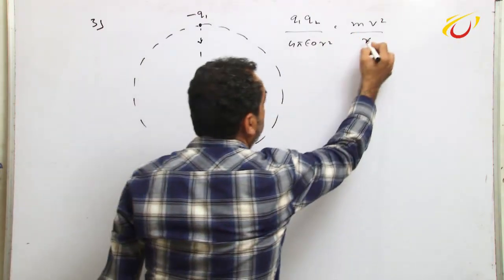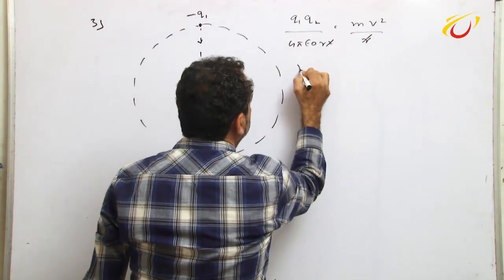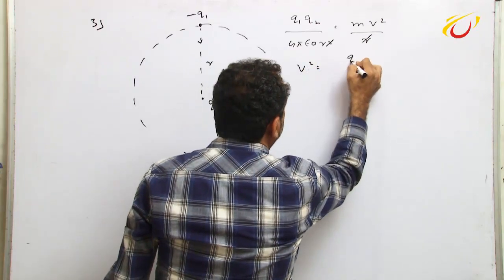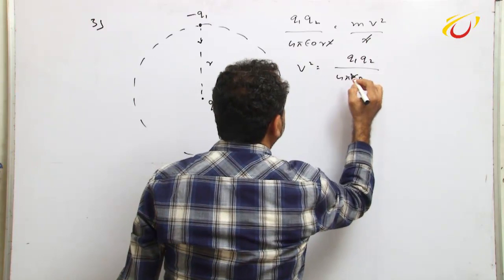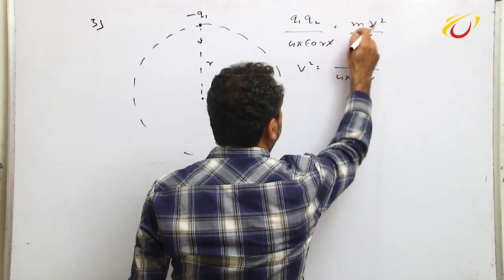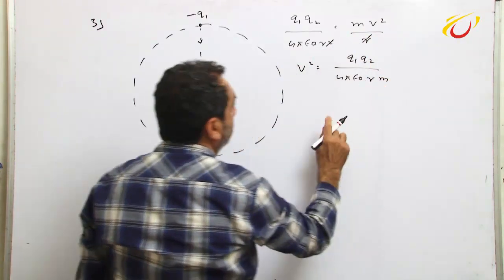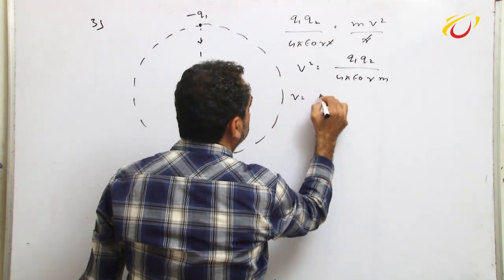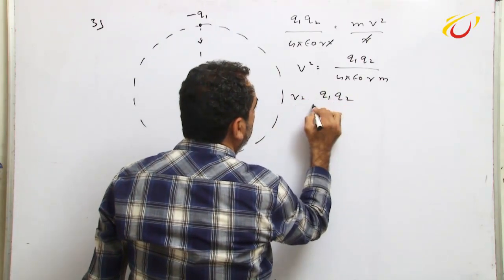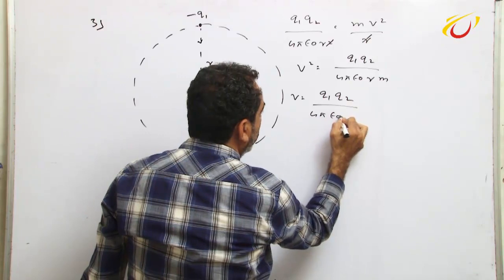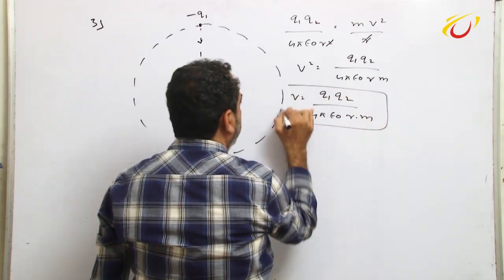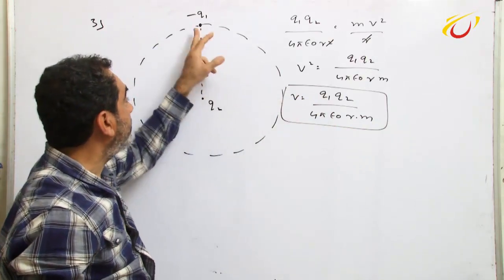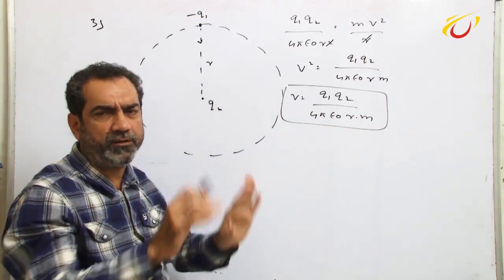This is the first concept. R and R cancel. V square will be Q1, Q2 over 4 pi epsilon R into M. So V is the square root of that. It is nothing but the velocity, also called orbital velocity. Of course, he is not interested in that.